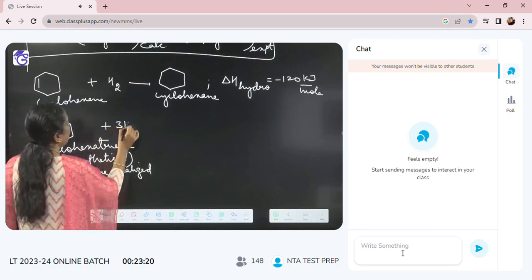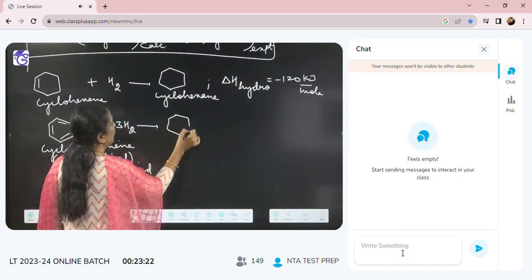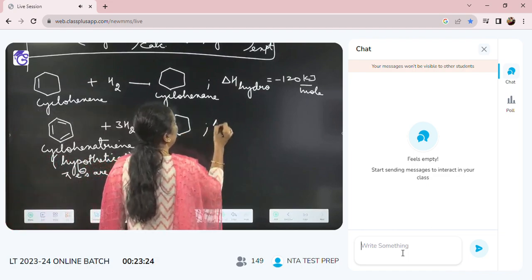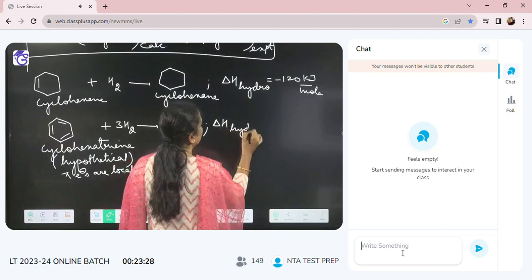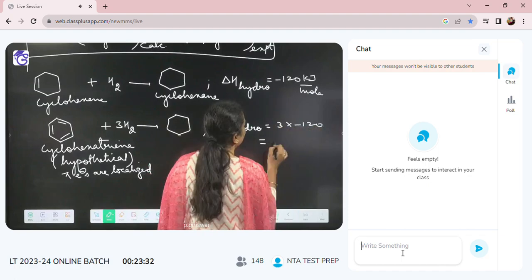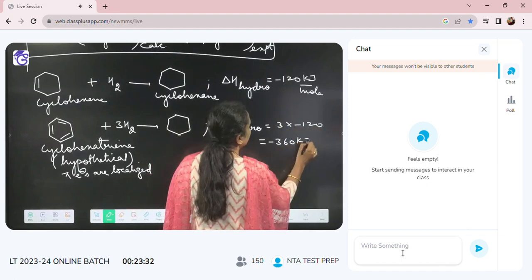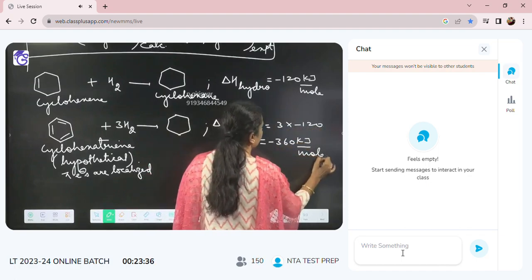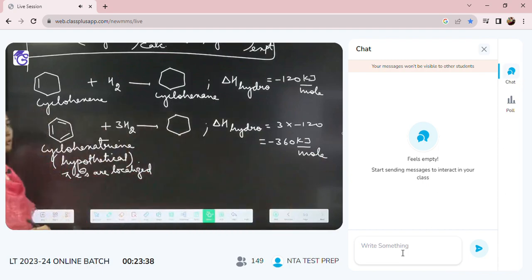So for 3 pi bonds, you require 3 moles of H2 so that it gets converted into cyclohexane, and the enthalpy of hydrogenation here is 3 times minus 120, which is minus 360 kilojoule per mole, right? Able to understand so far?